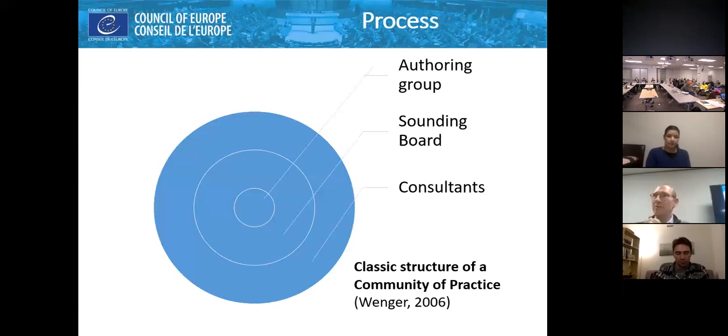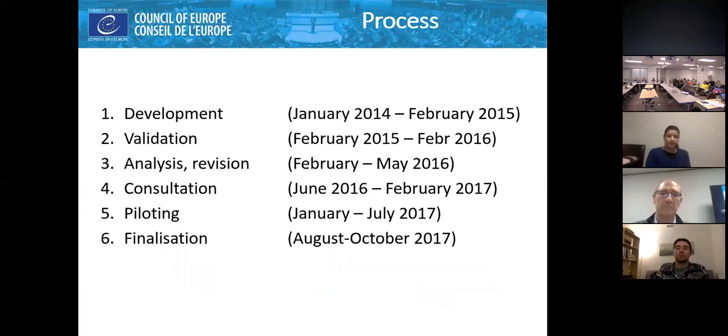An authoring group, around that a sounding board of people to react interactively by email and occasional meetings. So they would come to your meetings, but they don't actually do much work. But they're there to give you feedback all the time. And then around that, you have a group of more formal consultants whom you maybe see twice a year or once a year and present drafts to.